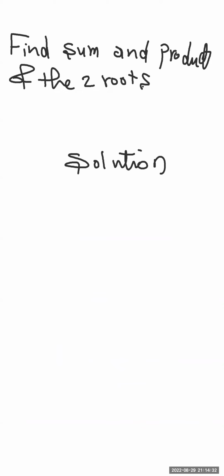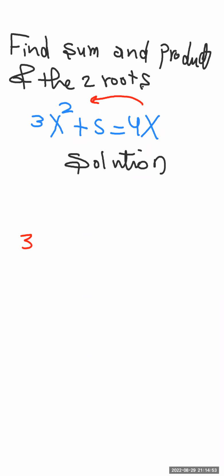Okay, now if the question is like that, 3x squared plus 5 equals 4x. Okay, now this one, we must put it in the form of equation equal to 0. So shift this term and also arrange the terms. So simply the equation will become 3x squared minus 4x plus 5 equals 0.